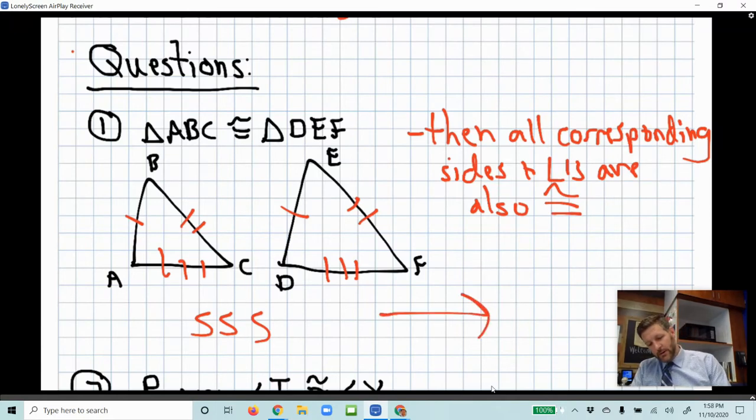Well, that also means all the other parts that we haven't talked about. In this case, the angles, all three angles are also congruent.